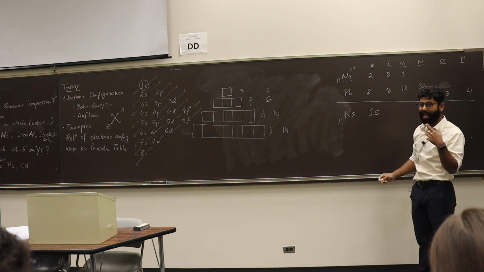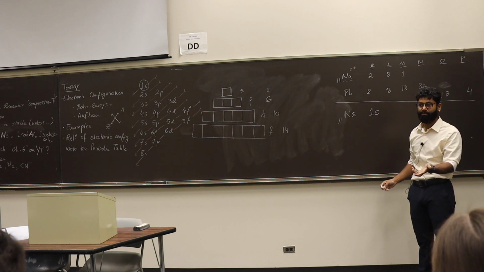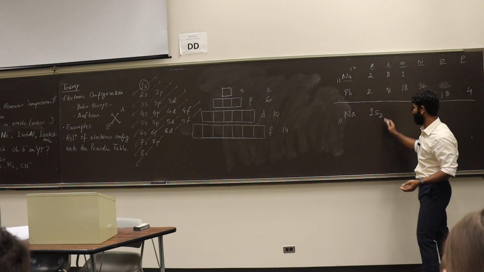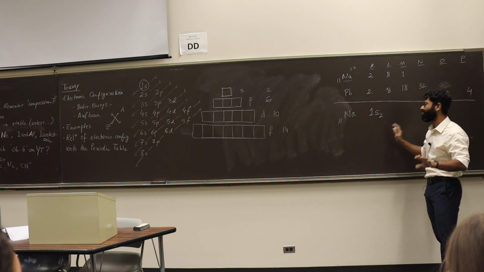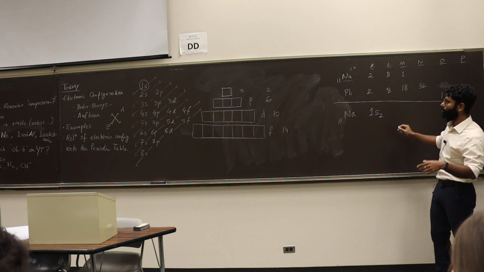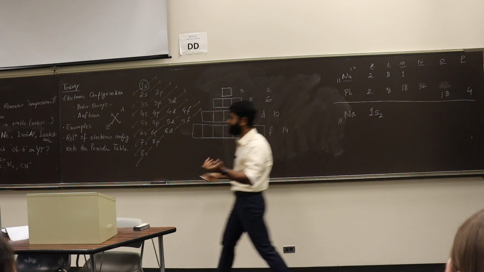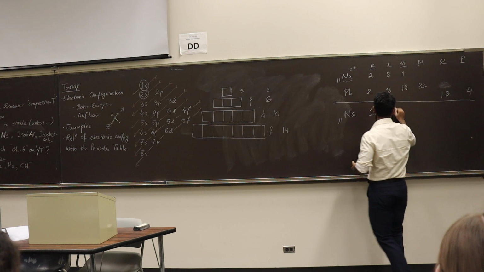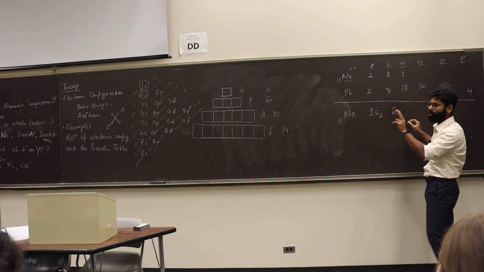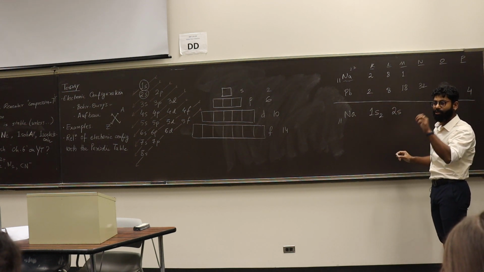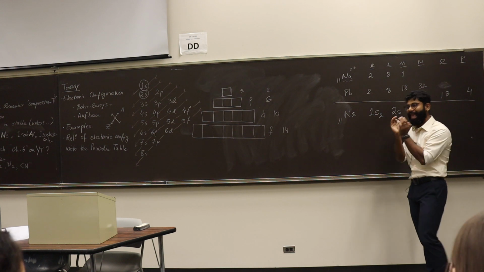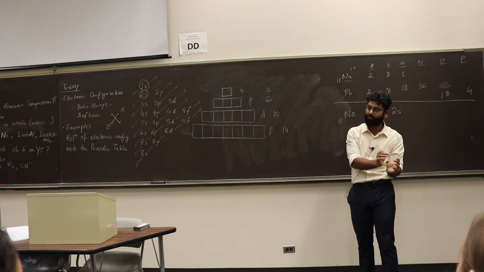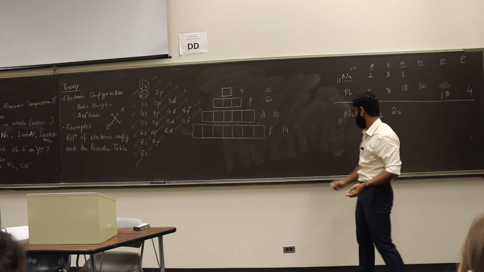How many electrons can go to 1s? 2. So you write 1s2. Some people write it above, bottom, doesn't matter. 1s2. Now, what's the next that gets hit? 2s. So you write 2s, and this also gets 2 electrons. So it's still S type of apartment, but it's just number 2. Right?